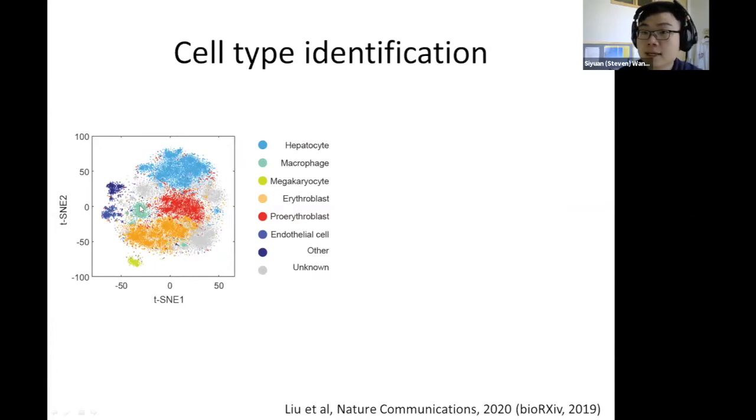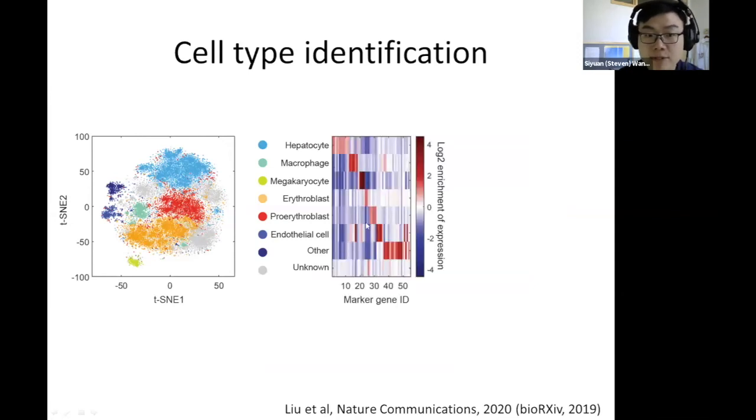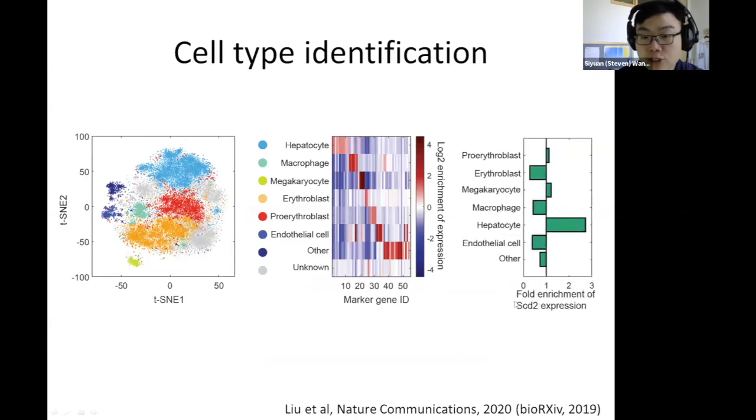We applied a computational workflow that's routinely used in single-cell RNA-seq analysis. And here you see the t-SNE plot, and the color-coded patches correspond to the different cell types. And we can identify which cell type is which based on the marker gene expression. That SCD2 gene, which is crucial for fetal liver development and lipid metabolism, previously we already knew it should be enriched in hepatocyte, and indeed we see from our data it's enriched in hepatocyte.